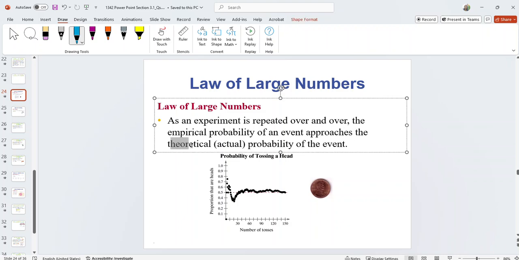So like I said, if you flip this penny 68 million times, not 68 times, but 68 million, you will get very, very close to heads and tails 50-50 right here, right?